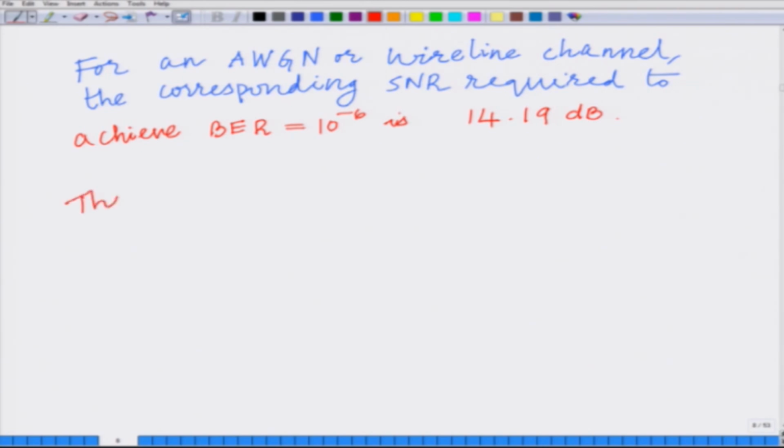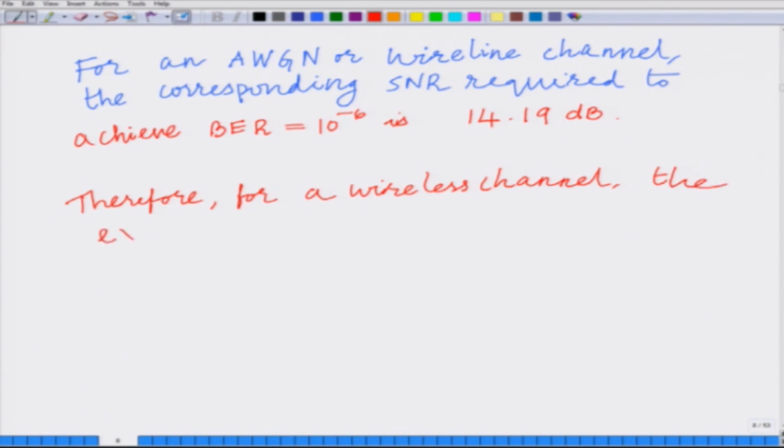Therefore, for a wireless channel, the extra SNR in dB is 56.98, which is approximately 57, minus 14.19, which is approximately 14, and that is equal to approximately 43 dB.